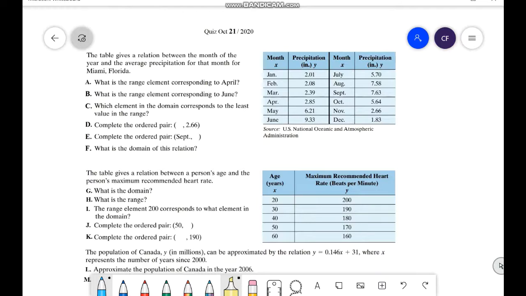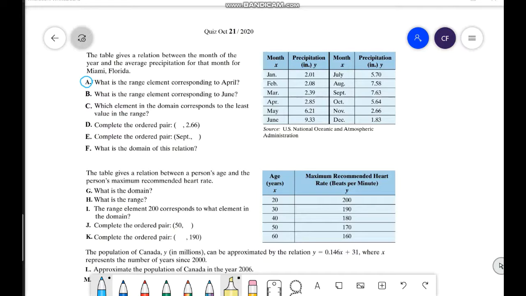Let me read the first question here. The table gives a relation between the month of the year and the average precipitation for that month in Miami, Florida. The first question, question letter A: What is the range element corresponding to April? So if you want to find out, Maddie, the bell work is 3.